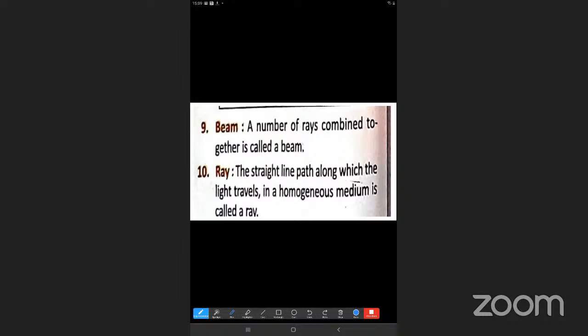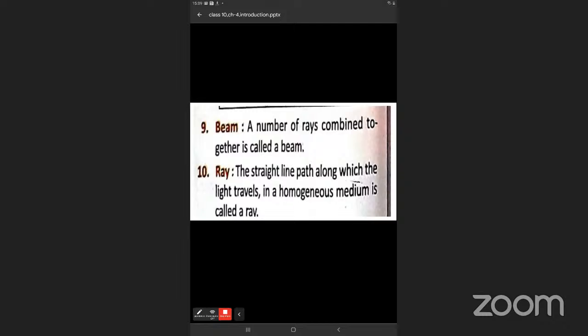In that medium, the ray will travel in a straight line. When the medium is changed, the direction of the light ray is also changed.